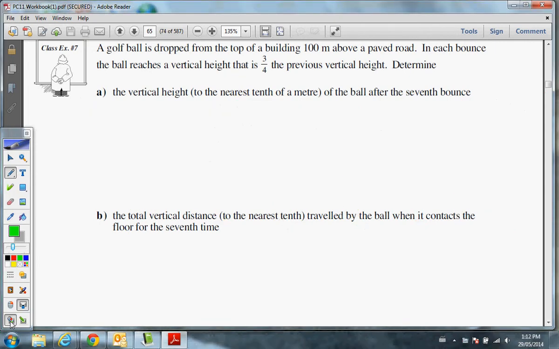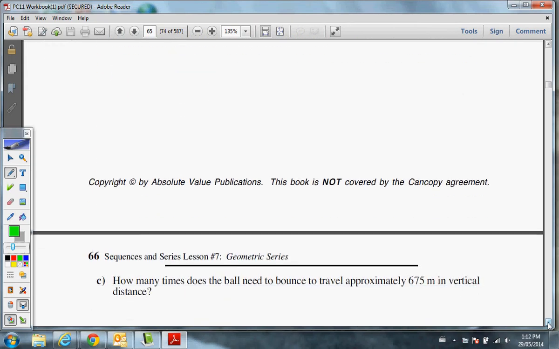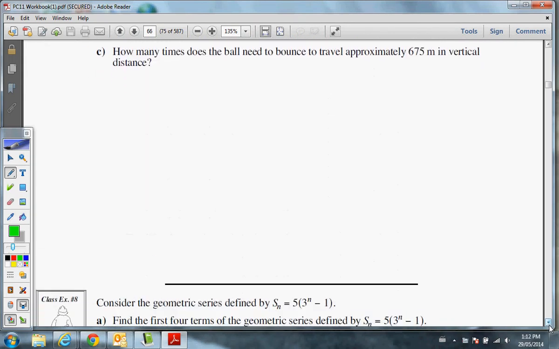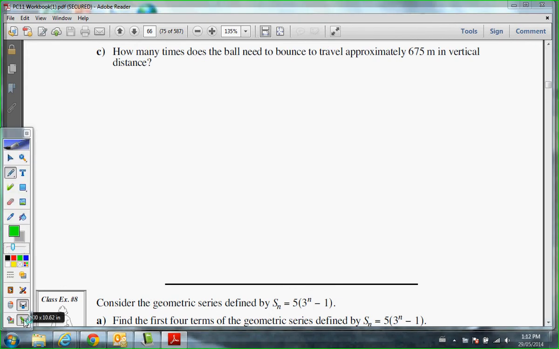All right. So part C. How many times does the ball need to bounce to travel 675 in vertical distance? So we want to use that same formula we had. We want 100 plus 2 S of n to equal 675. And we're trying to figure out how many bounces.